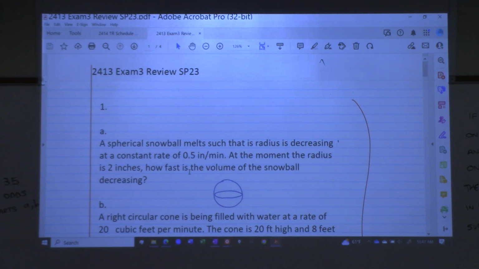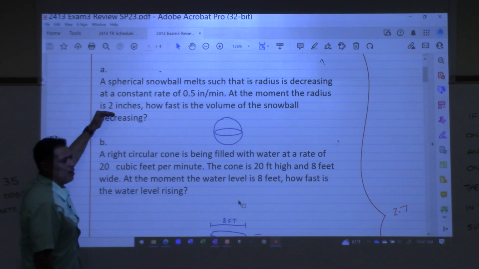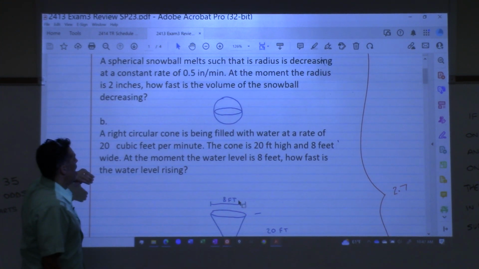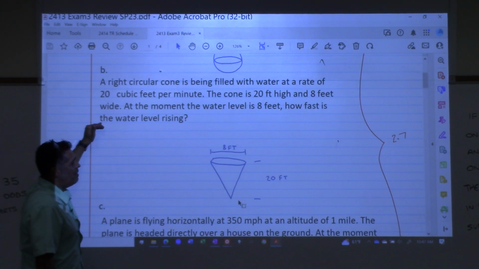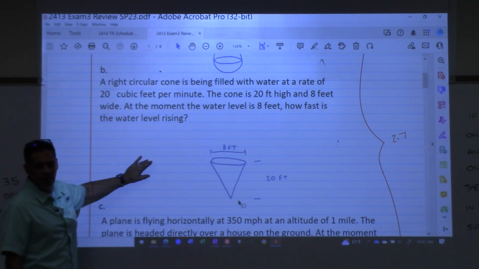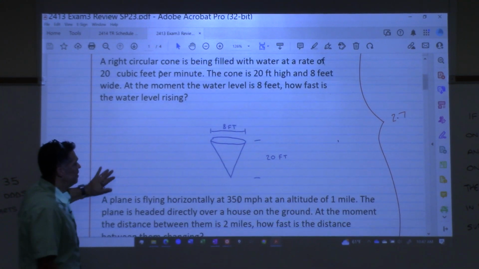And every related rate problem in this review is kind of different. This one right here, you need to know the volume of a ball basically to do that problem, right? And then this one, I did in class. We did this together. This is the cone, and to do this you need to be able to use similar triangles. So that might not be your favorite, but it's there.